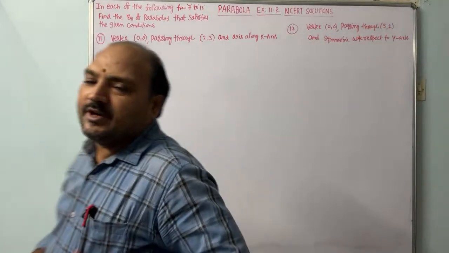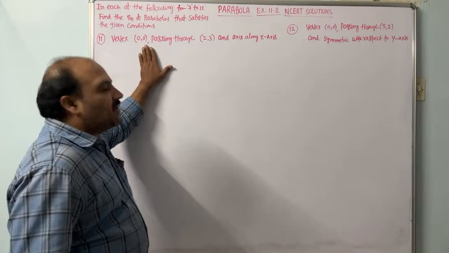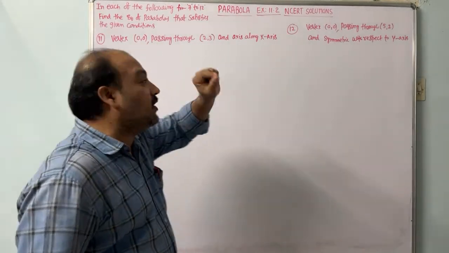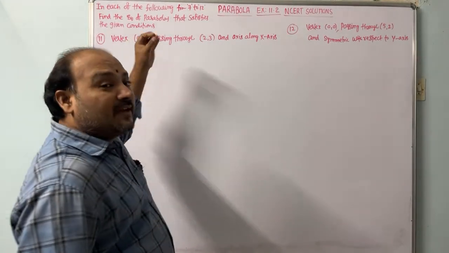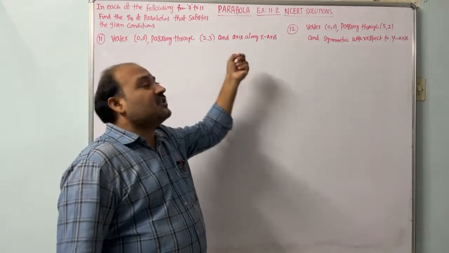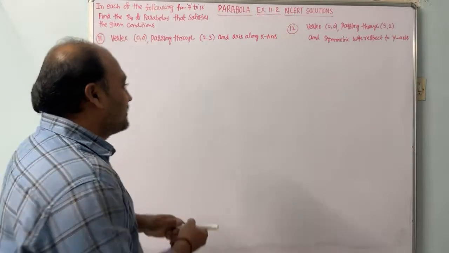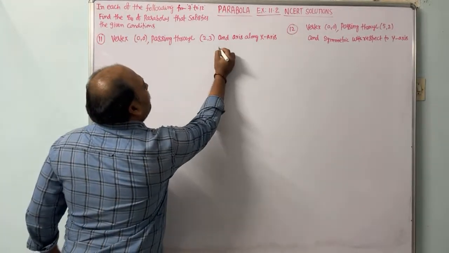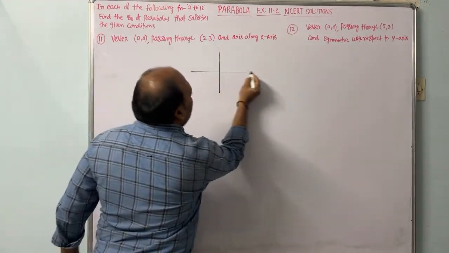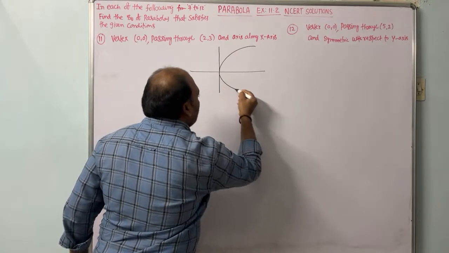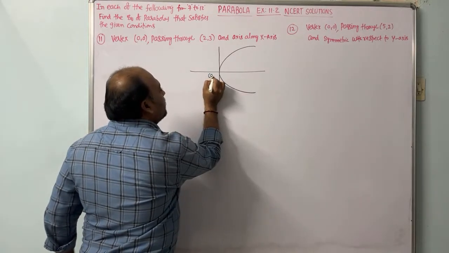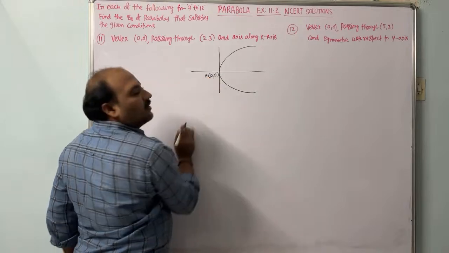First, come to the question. What they are asking is: find the equation of parabola whose vertex is origin, passing through 2 comma 3, and axis is along x-axis. So the parabola, clearly they mentioned, is like this. Vertex is 0, 0, so the a value is not given.